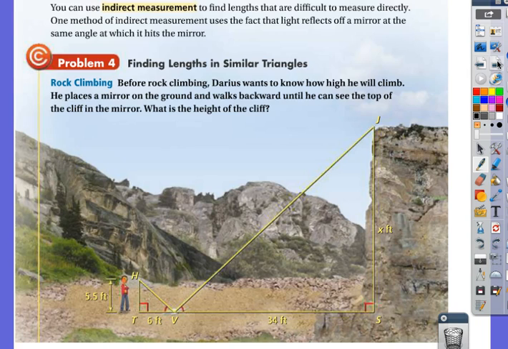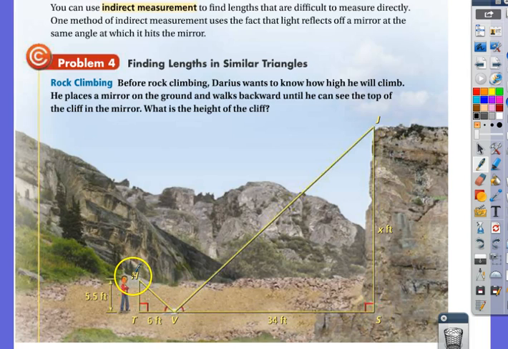So in this example, we've got a triangle over here that's similar to this triangle. The reason these two triangles are similar is because I stand vertically with the ground, and the cliff face stands vertically with the ground.